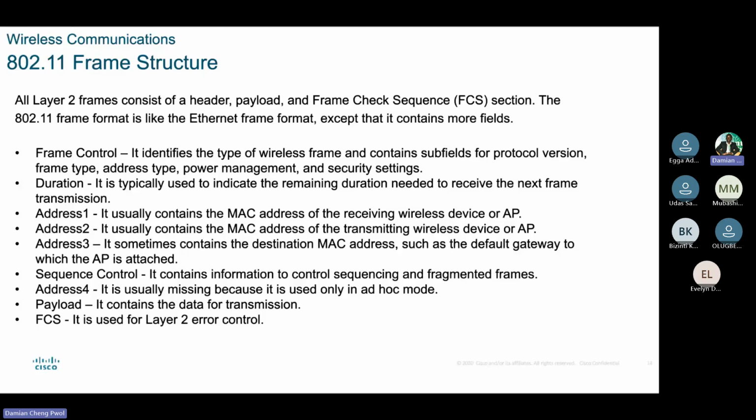So you have this kind of encapsulation process as you move down the ladder in the OSI model. Then FCS is used for layer 2 error control. This is just to check that the frame has not changed, to maintain the integrity of the frame when it has been transmitted and received.